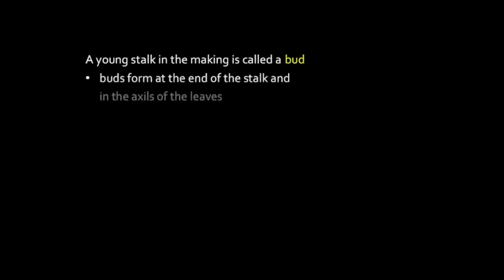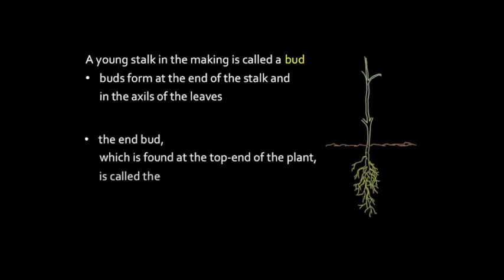A young stalk in the making is called a bud. Buds form at the end of the stalk and in the axils of the leaves. The end bud, which is found at the top end of the plant, is called the growing point.